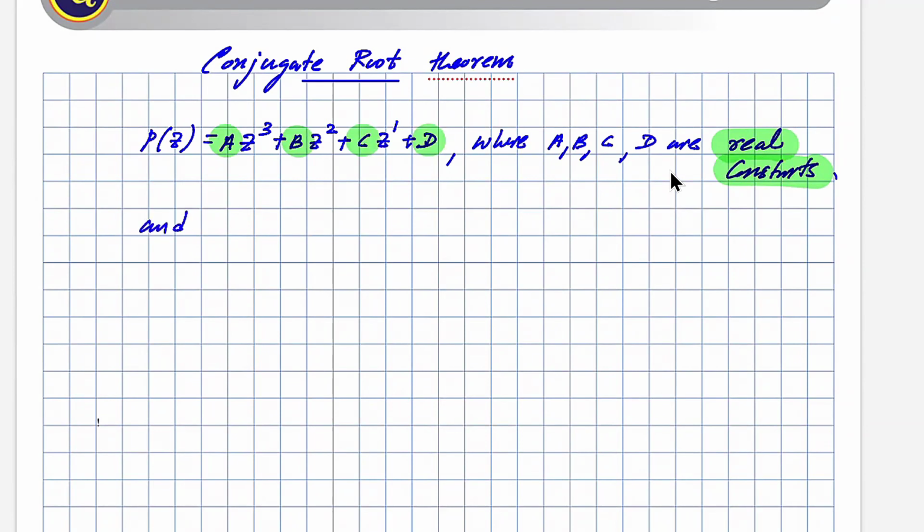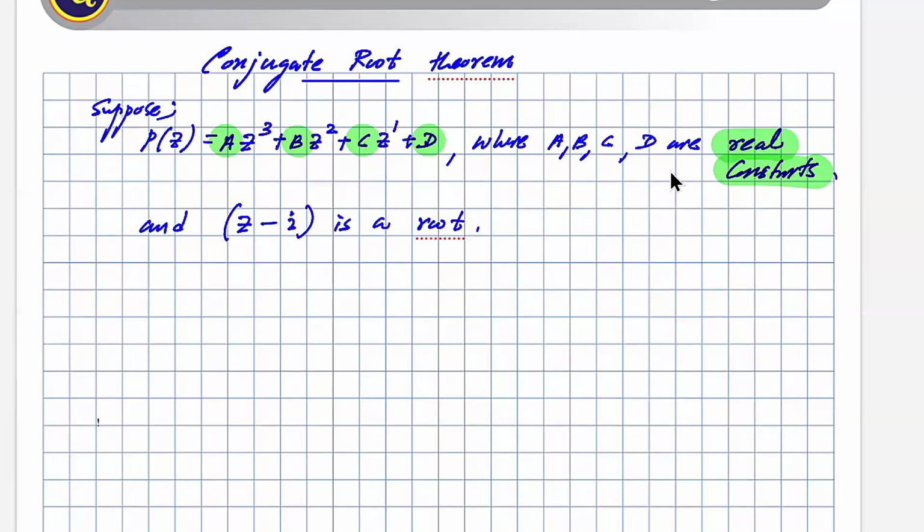And z minus i, for example, is a root. Suppose z minus i is a root.